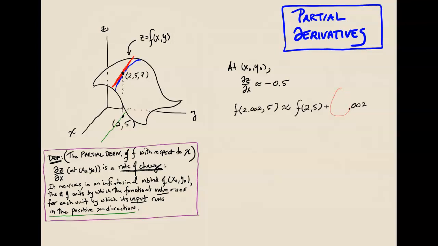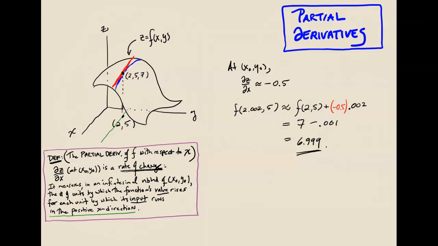That multiplier is going to be our partial derivative, which at the point in question we've seen is negative half. Now f of 2, 5, we've already said is going to be 7, and this extra bit there looks like after we have that, we'll be subtracting off 0.001, and so we get 6.999 is our approximation for f of 2.0025.